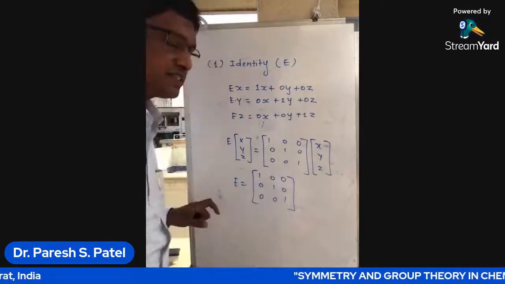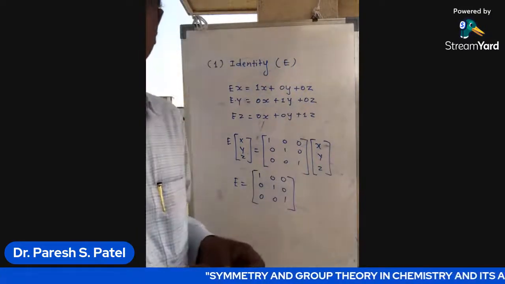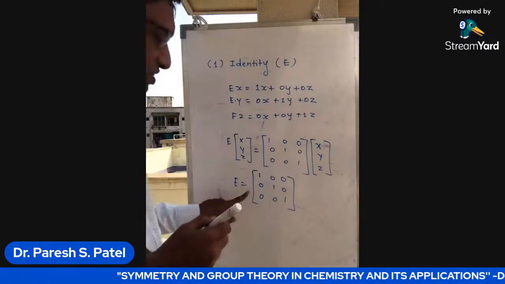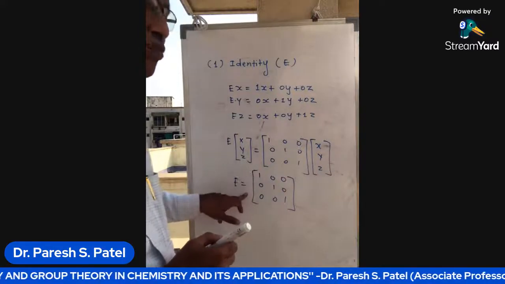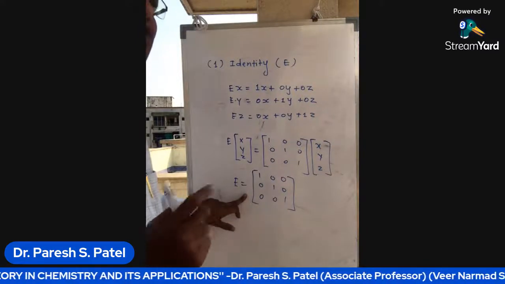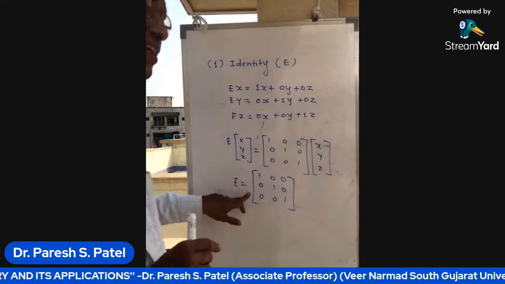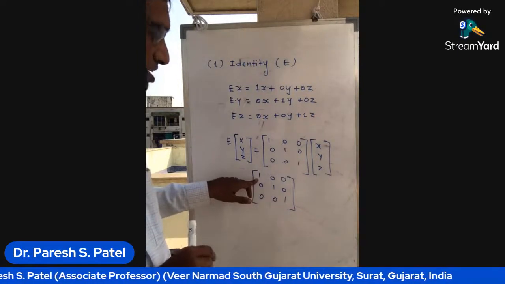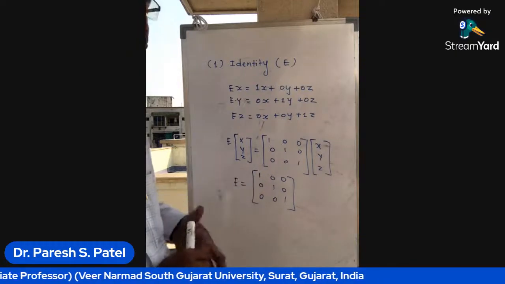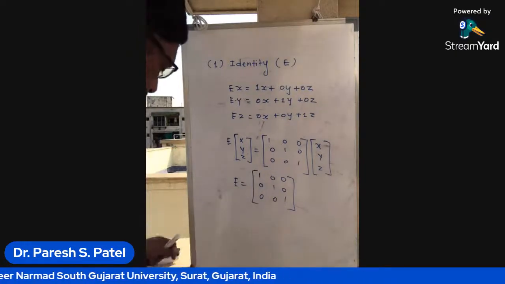This is the matrix representation for the identity symmetry operation, and this is the derivation of how to derive it. So whenever you are asked for the matrix representation for the identity symmetry operation, it is this: 1 0 0, 0 1 0, and 0 0 1.